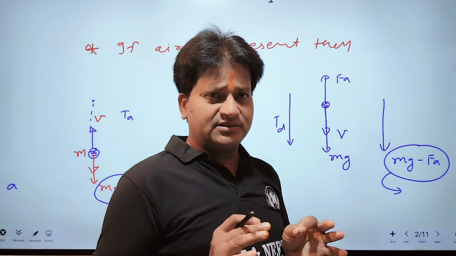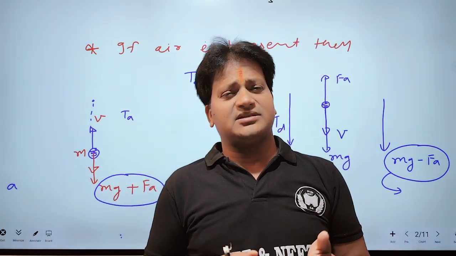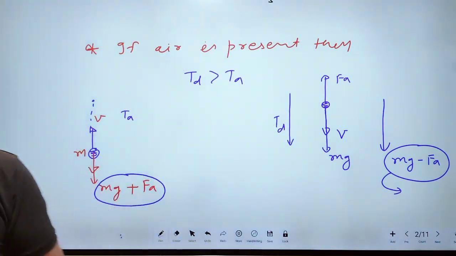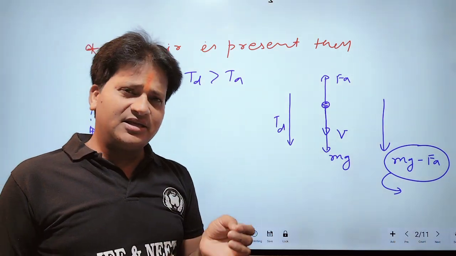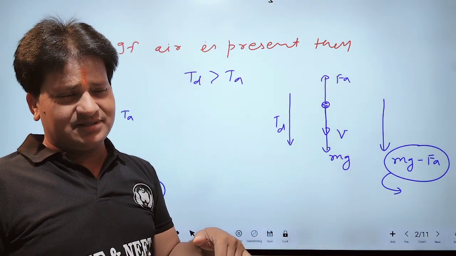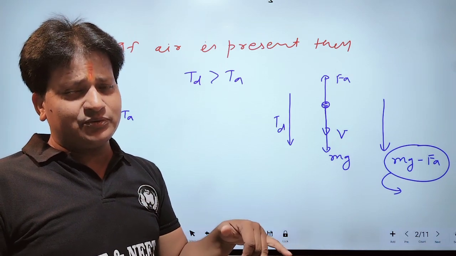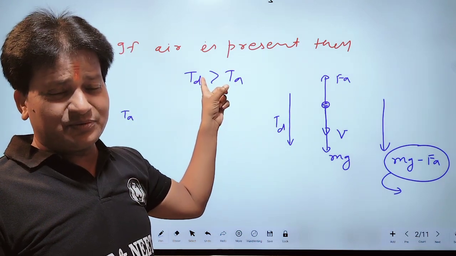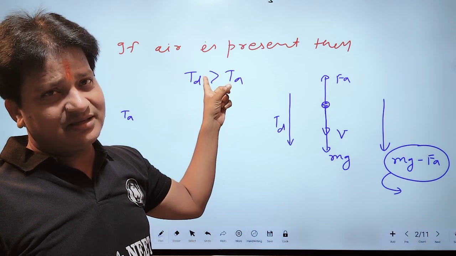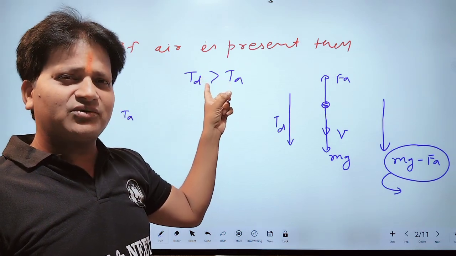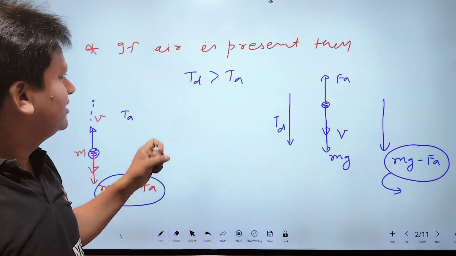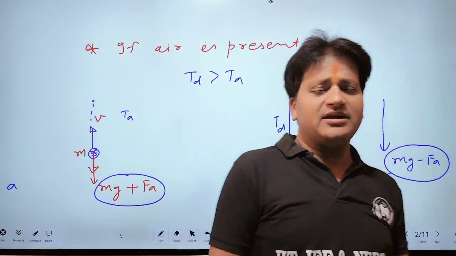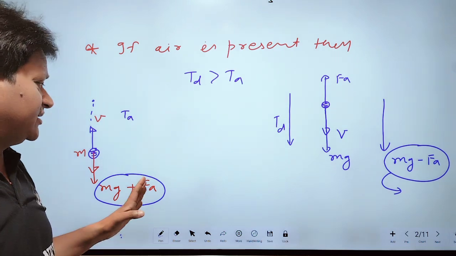Which is less? 1 is less than 3. Similarly, A comes first in alphabetical order. Therefore, A is less than D, and D is greater than A. In this way, you can remember it: time of descent is always greater than time of ascent if air is present.